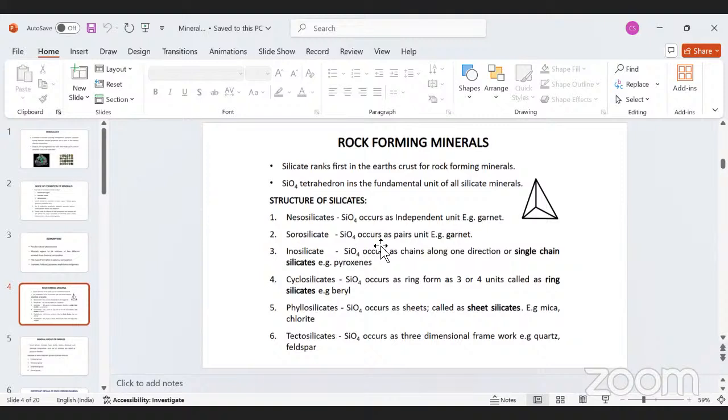So here it is known as the sorosilicate. The SiO2 occurs in pairs of units, and some minerals of garnets are an example for this one.